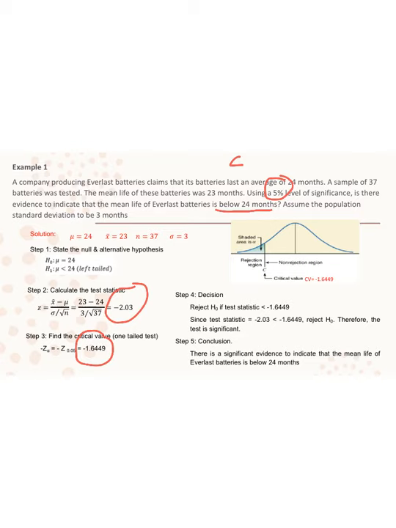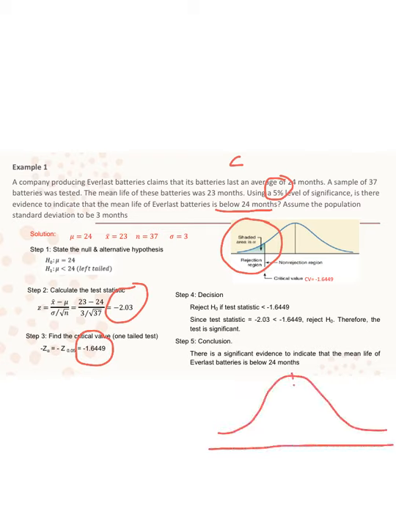Okay, so yang hujung ni adalah kita katakan sebagai our rejection region. Kita akan reject kita punya H0 kalau value test statistik kita berada di dalam rejection region. Saya tulis lagi sekali.